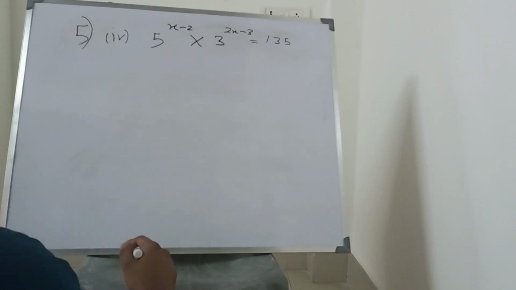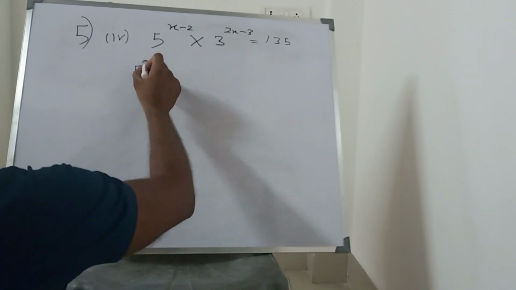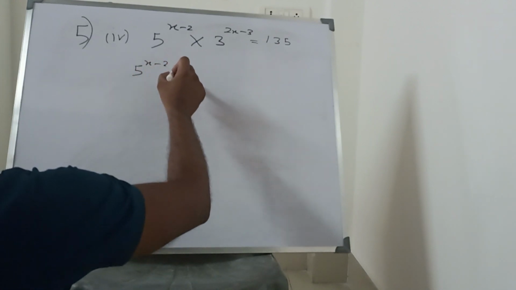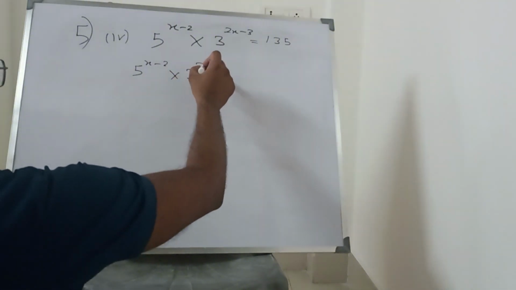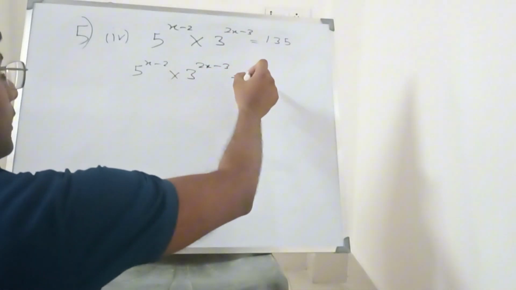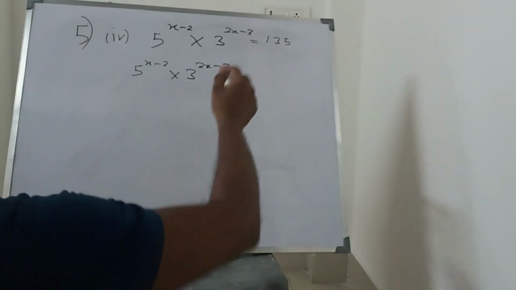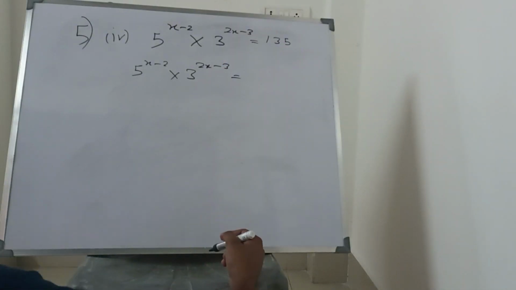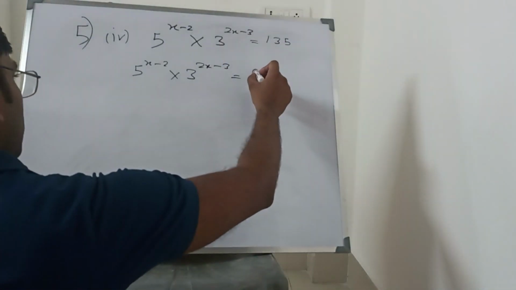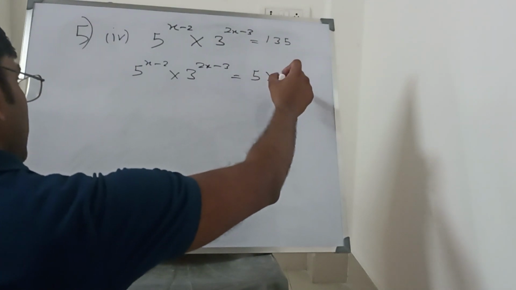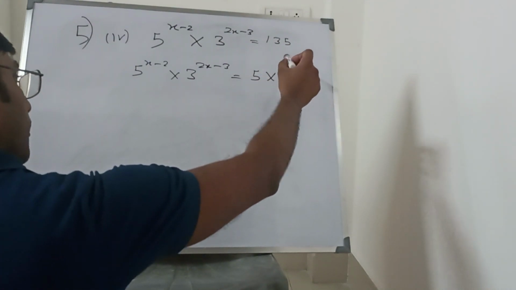Students, this is one of the interesting sums. Over here 5 to the power x minus 2 into 3 to the power 2x minus 3 into 130 equals 135. So if you take the LCM, you will get something like 5 into 3 cube.